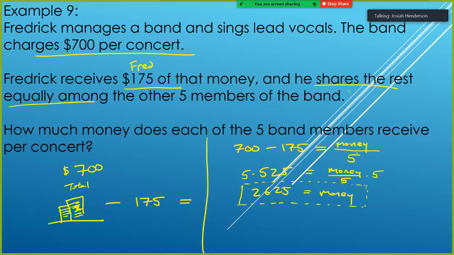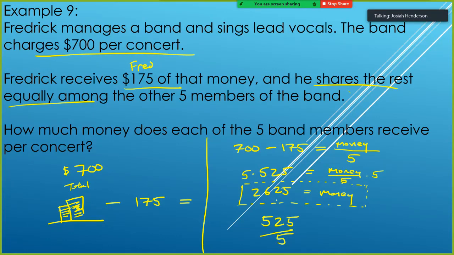But instead of dividing this M for money, I should have been dividing the whole amount 525, like Tira said. So I'll do that below. So 525 divided by 5, that makes more sense. That's the actual amount, 525, that the group has after Frederick takes his 175. So thank you, Tira. Totally on point.